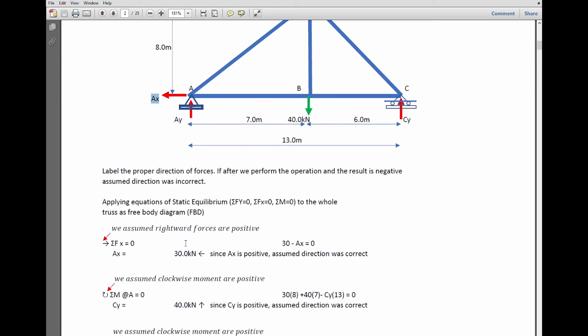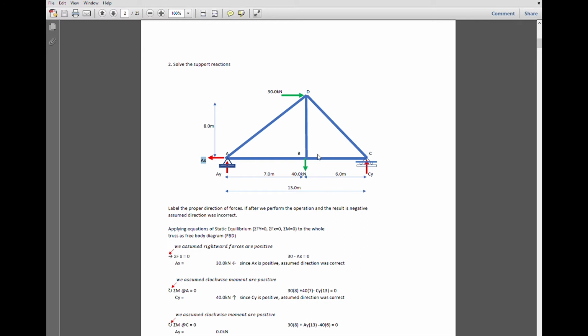Then next, we apply summation moment of A is equal to 0 in order to solve for CY. If we apply summation moment at point A, we know that the 30 kilonewton will rotate in a clockwise rotation with respect to point A. And the 40 kilonewton is also a clockwise moment with respect to point A. Then CY is a counterclockwise moment with respect to point A. So, lahat ng clockwise, that is positive.